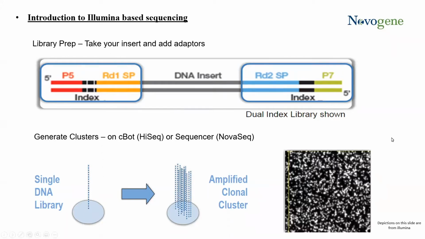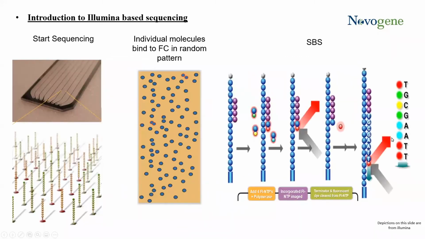All right, so we have constructed our library. Depending on which platform we are on, we have potentially created clonal libraries. This depiction here is the flow cell for a HiSeq run, and there are 8 lanes within one flow cell of the HiSeq platform.